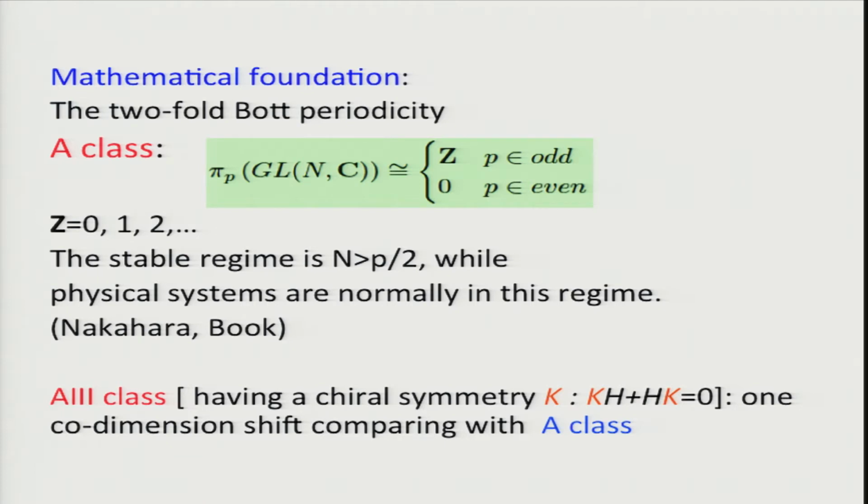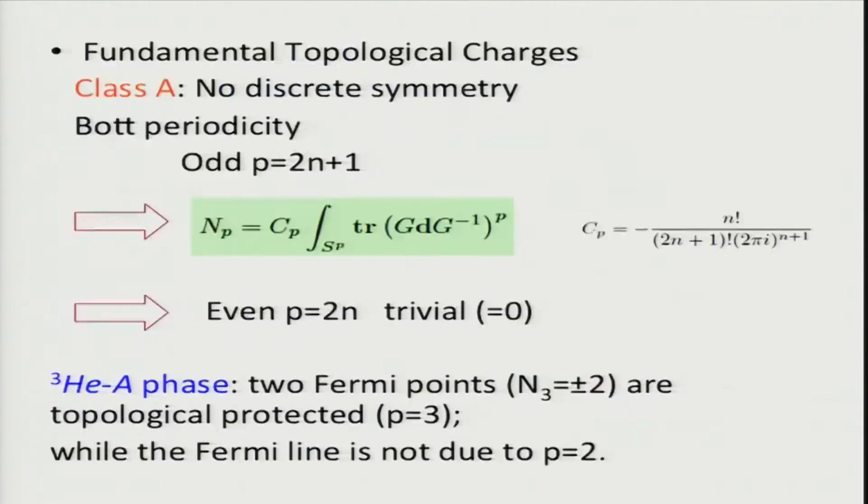So for this one, there is also a kind of topological stability. But please pay attention, this is symmetry protected. Also, there is an important result: there is a one-dimension shift. For example, for A class, the codimension is odd, but for AIII, only even.